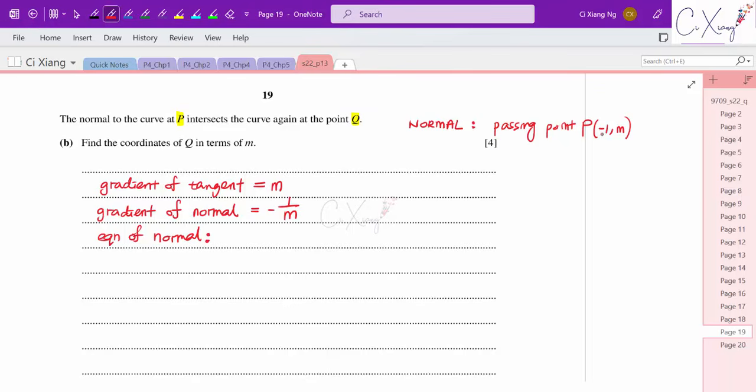To get the equation of the normal, I'm taking y minus y1 equals the gradient of the normal, -1 over m, times x minus x1. So minus -1, I get x plus 1. Okay, expand everything.